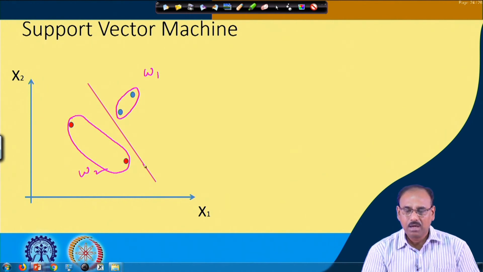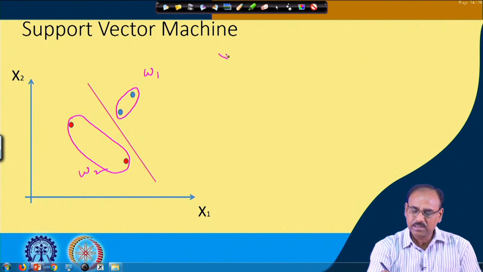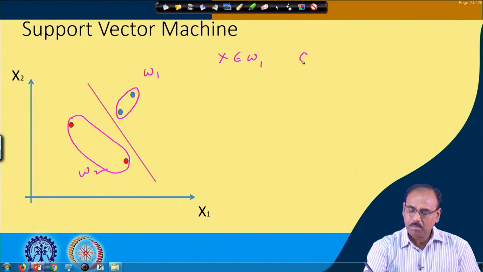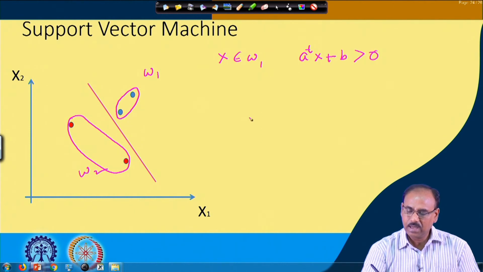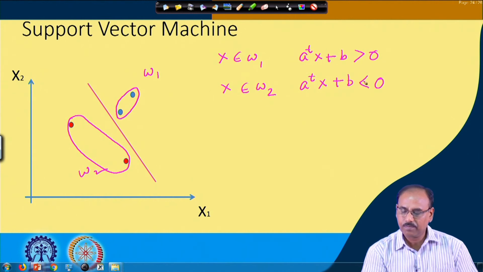And now, as I have shown previously, for any x belonging to class omega 1, my correct classification criteria is A transpose x plus b greater than 0, and for x belonging to class omega 2, I had A transpose x plus b less than 0.